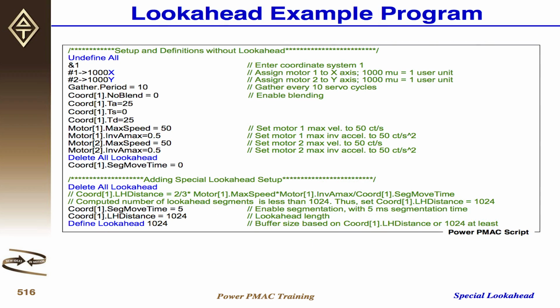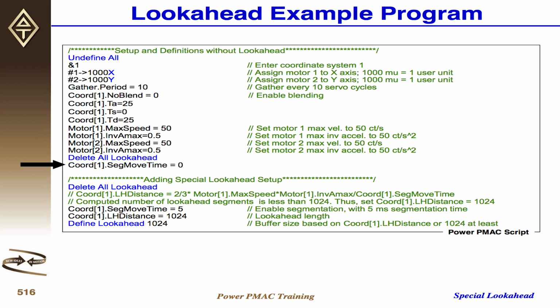Okay, this is the example. It starts from 0,0, goes to 10,10, and then 0,20. This is the setup and definitions without the lookahead and with the lookahead. We're going to execute that profile both ways. These are the definitions: the TA, TS time, TD time, maximum speed, all that, and the segmentation move time equal to 0 for without the lookahead.